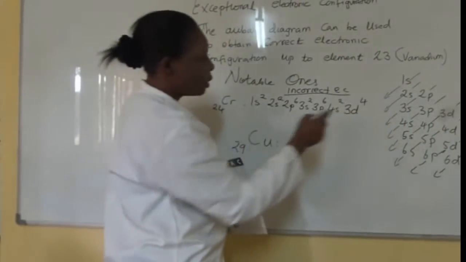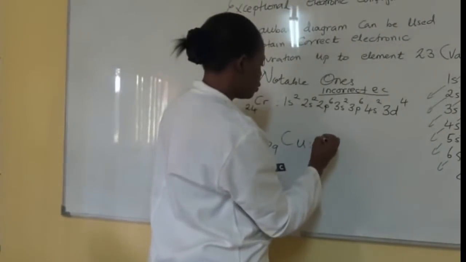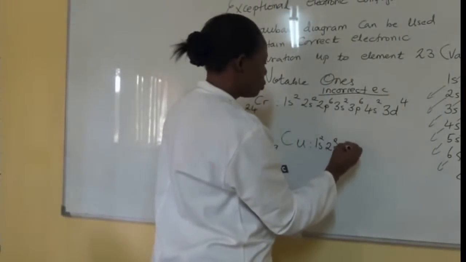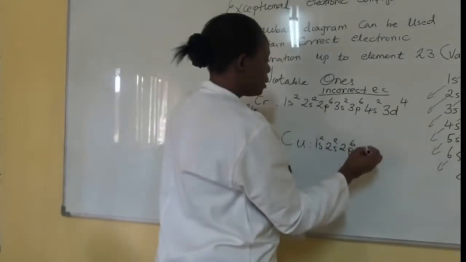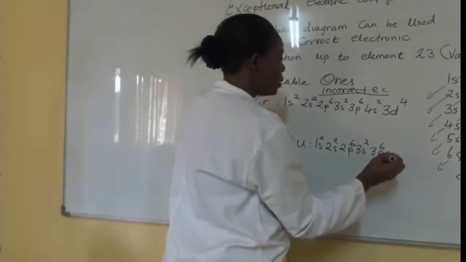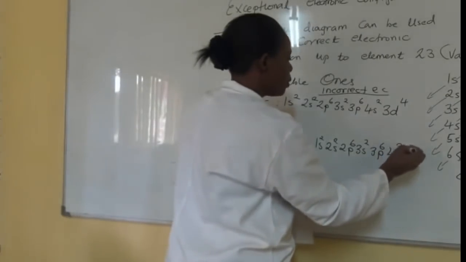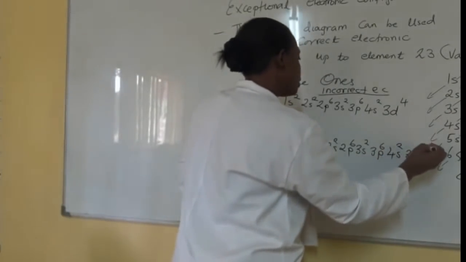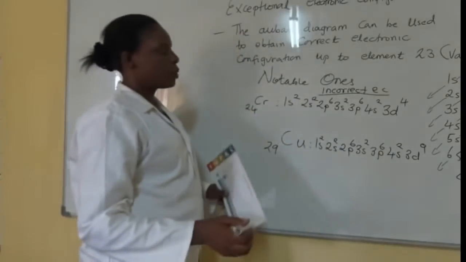Okay, so copper also have 1s2, 2s2, 2p6, 3s2, 3p6, 4s2, and 3d9. Okay.